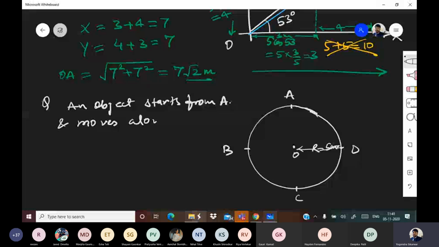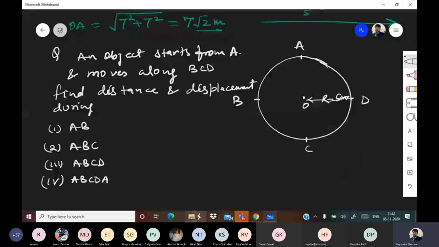Find distance and displacement during number 1 AB, number 2 ABC, number 3 ABCD, number 4 ABCDA. Please find.